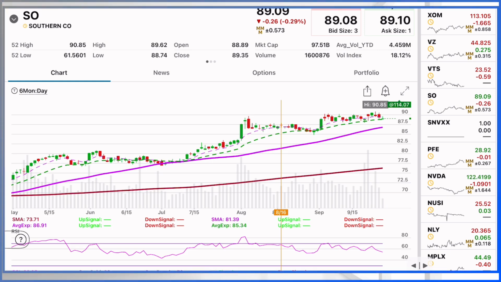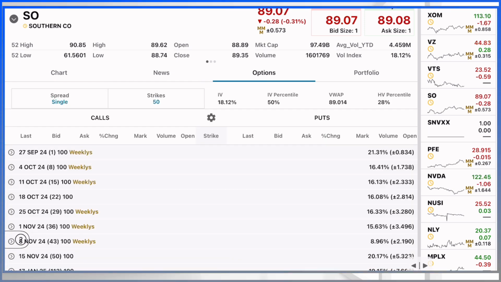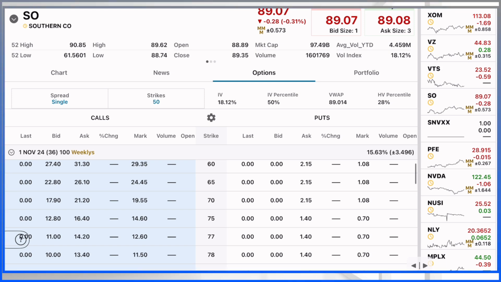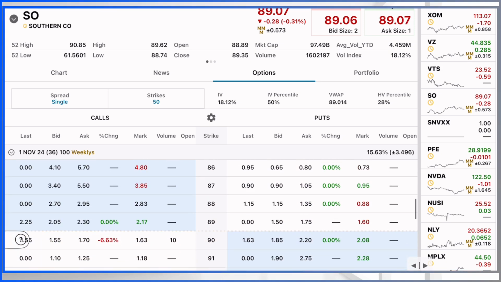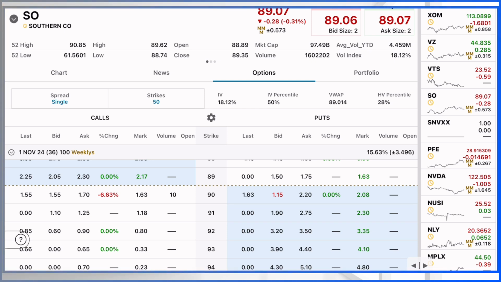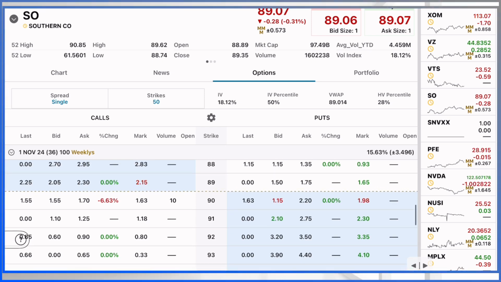Let's look at Southern. What kind of volume do we have? We have pretty decent volume there. We have a 2-penny spread. That's not bad. So let's just jump in and see what the options look like. If we go to November, strike price over 89, we get down to here, and we see we're getting a bid-ask of 155 and 170.